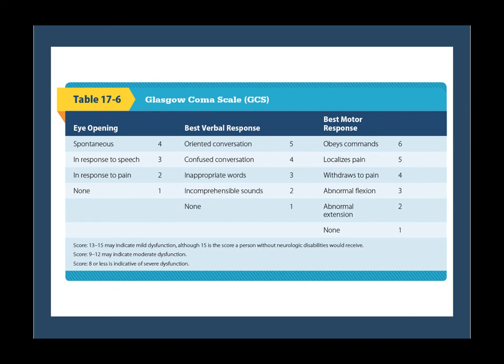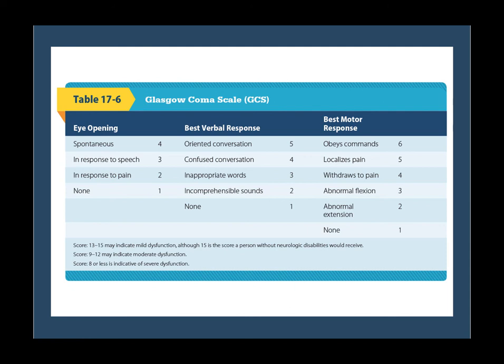The GCS is an indicator of how well the patient is performing at simple life tasks. So eye opening, verbal response, and the motor response. So if you take a look at this table, if a patient is dead, so we have a deceased patient, like I'm talking like dead, all right?